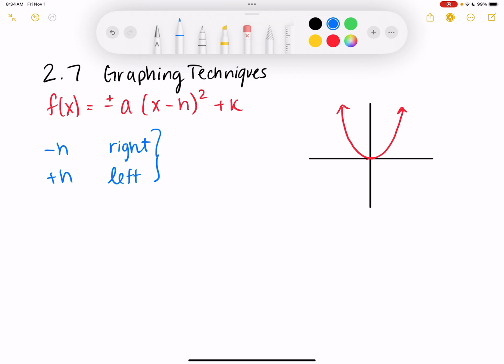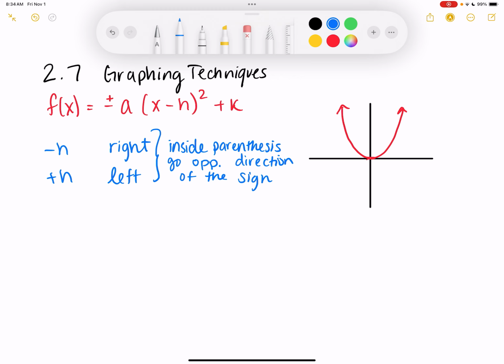My little helpful hint here is inside the parentheses, go opposite direction of the sign. Because generally we would think of negative as being to the left and positive as being to the right, but inside the parentheses they are opposites.